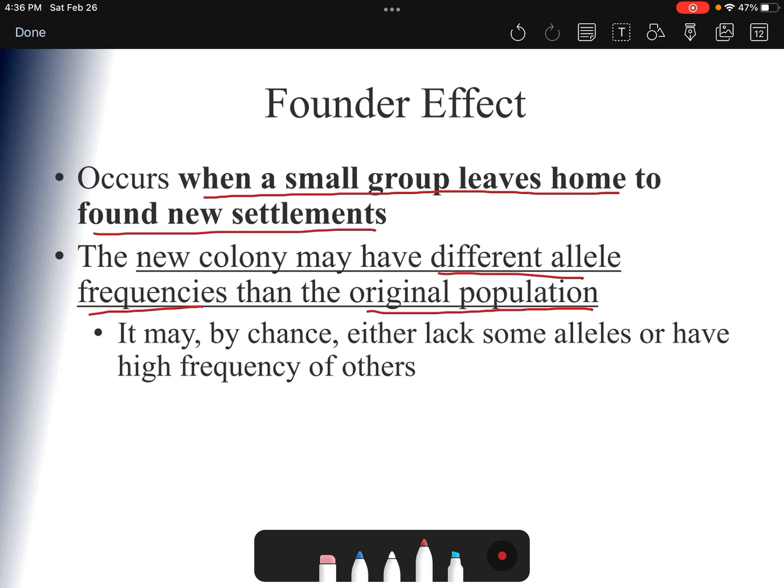Now, if they're the ones that are leaving and starting a new settlement in a new area, most of the descendants, the offspring and so on, that result from that new population are going to have a much higher frequency of that genetic disorder, because we just happen to have those few individuals leave that had those alleles with them.